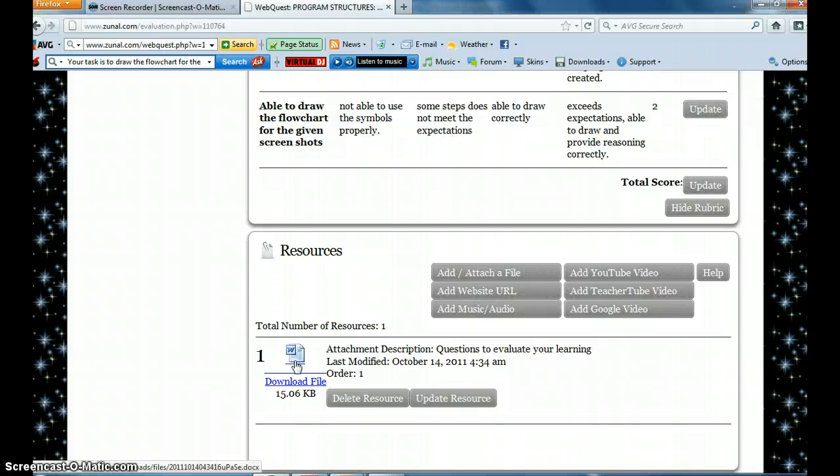They can even cheat by looking at the answers first and then answering the questions, but I encourage my students to look at the questions, try to answer them, and then go on to look at the answers that are given at the end of the questions.